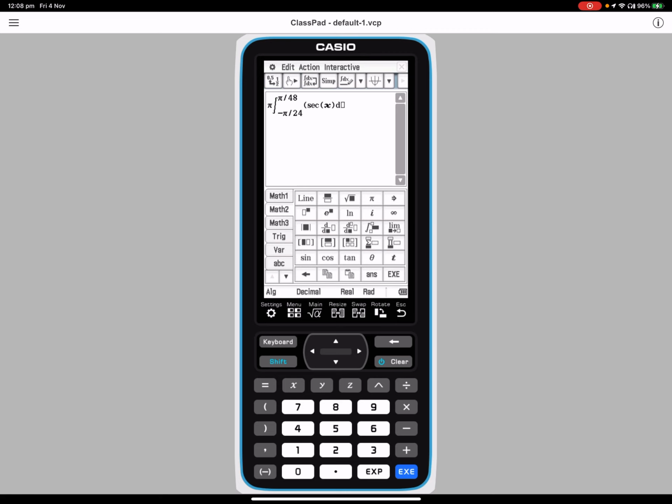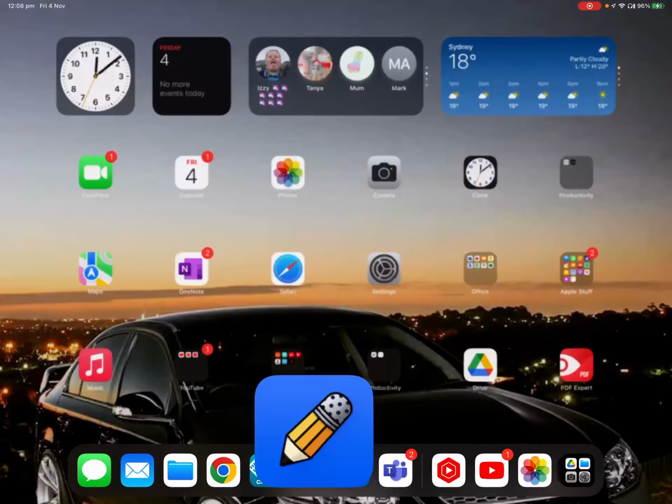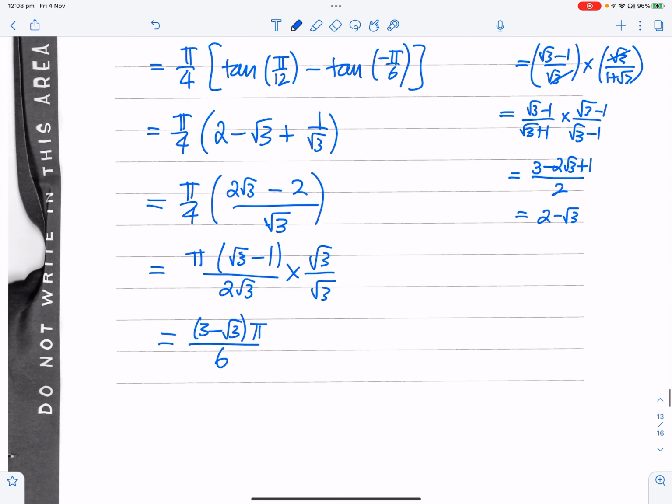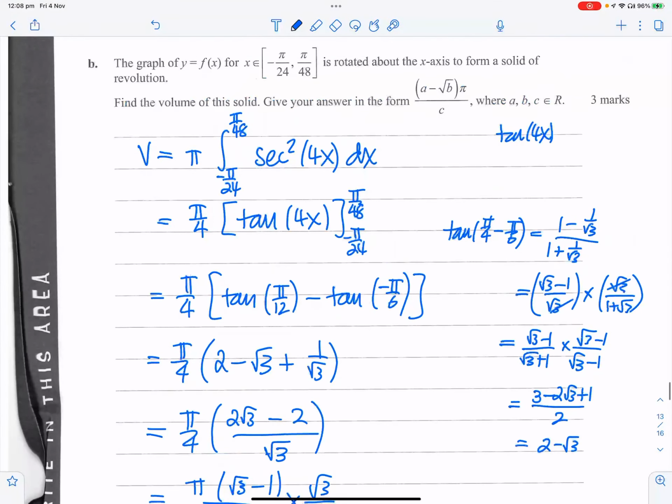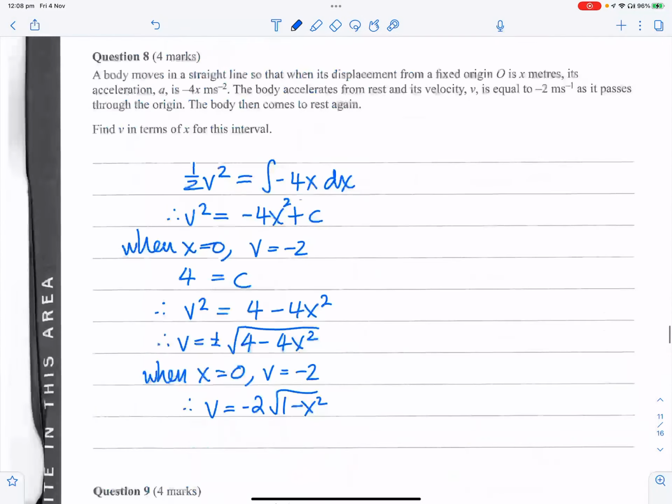I'm only checking anyway. It's a decimal. Simplify. 3 minus root 3 on 6 pi, is that what I got? 3 minus root 3 on 6 pi. Okay, done.